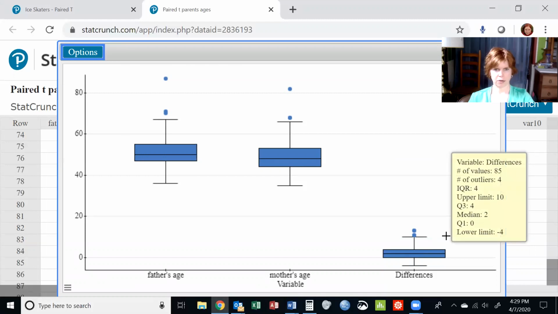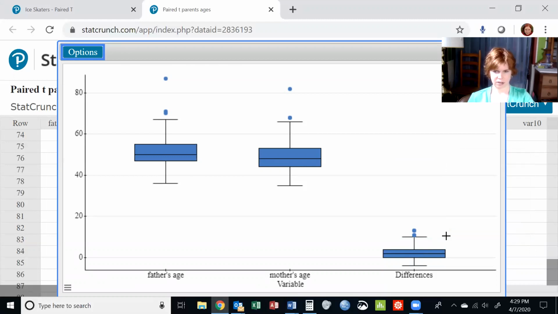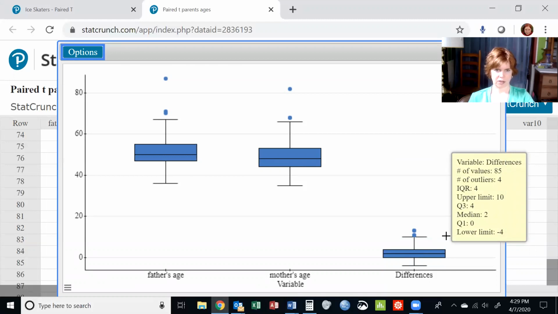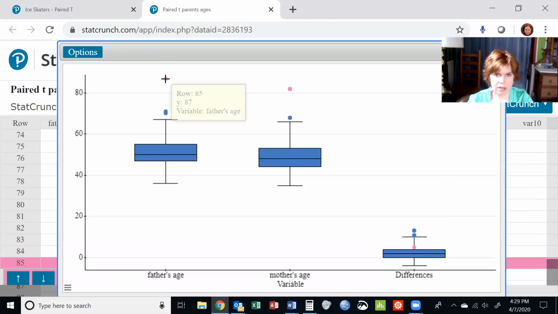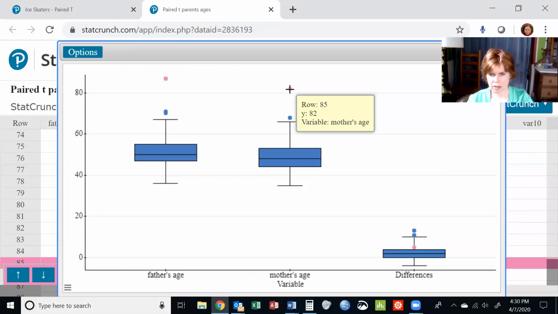And they're pretty far an outlier compared to the rest of us. So somebody has a very old parent. But that doesn't necessarily mean that their difference is an outlier, right? Because, all right, let's take a look at this guy. He's row 85, he's 87 years old. So that's in row 85. And I look over here and see how when I click that, both of these are pink. So the mother is 82.